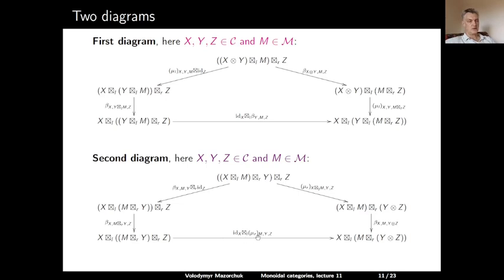And now we use the right mu to move the inner brackets to the right, and we end up in m acted on the right by y tensor z, and then we act by x. So these two diagrams should commute. And this is the definition of a bimodule over C.